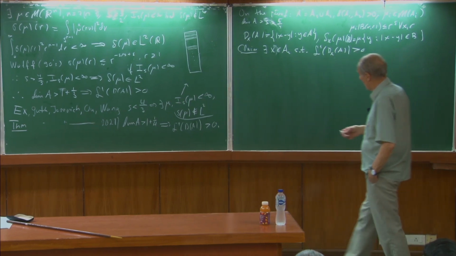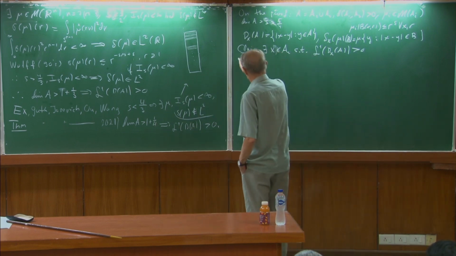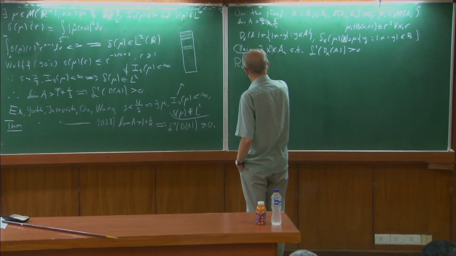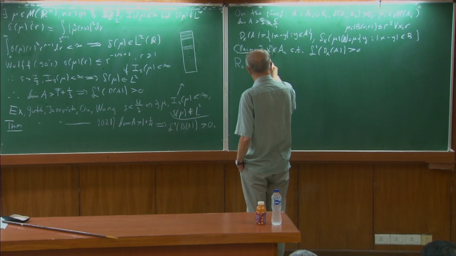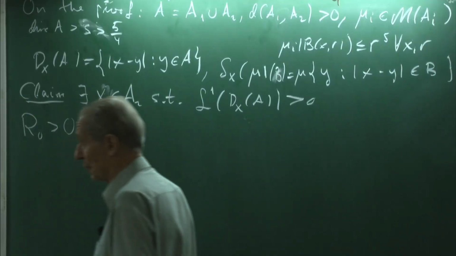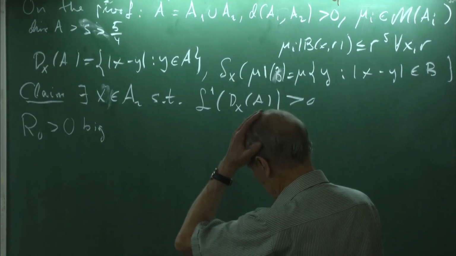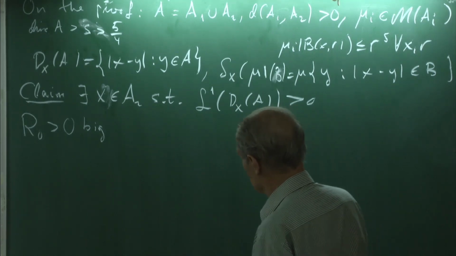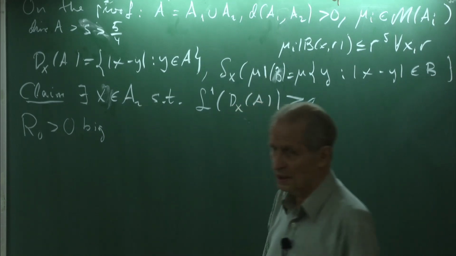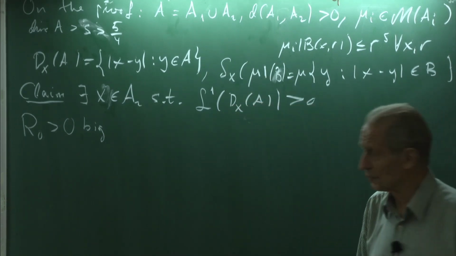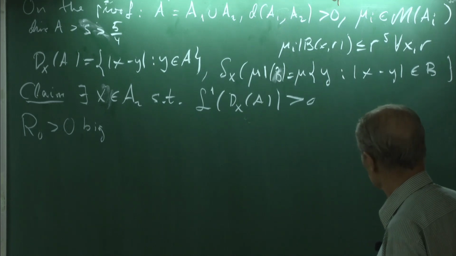We fix a large number R, but it doesn't appear anywhere in this explanation that I'm going to give. But that's how one begins anyway, because everything on the Fourier side will happen further away than this chosen R0.